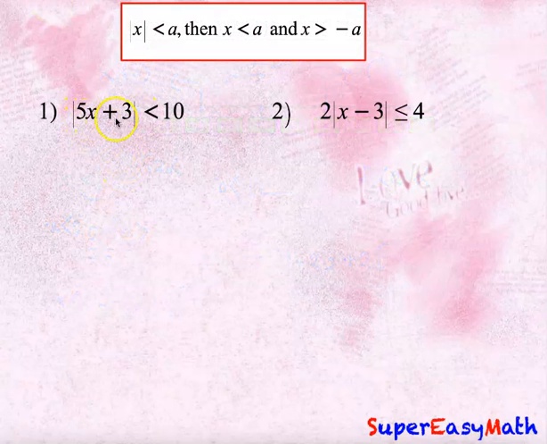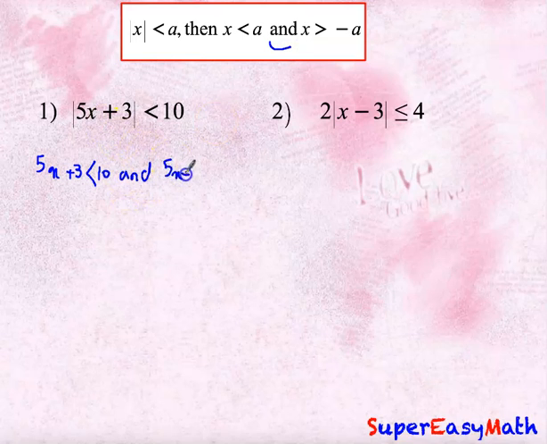Absolute value of 5x plus 3 is smaller than 10, so we can write it as 5x plus 3 smaller than 10, just copy it as it is, and 5x plus 3 greater than minus 10. So this is the general form. Now we have to find x, so subtract 3 on both sides. 5x smaller than 10 minus 3 equals 7. So x smaller than 7 over 5.